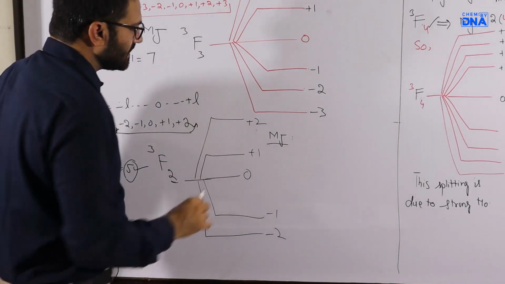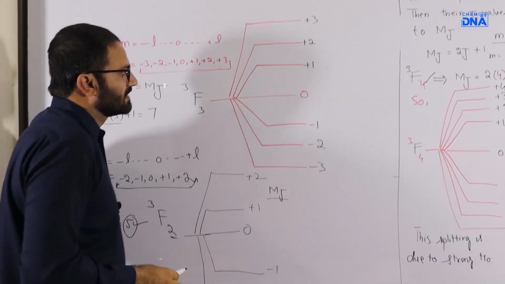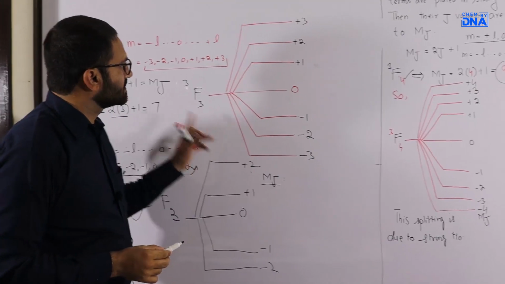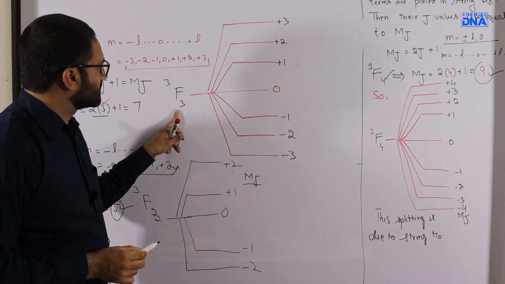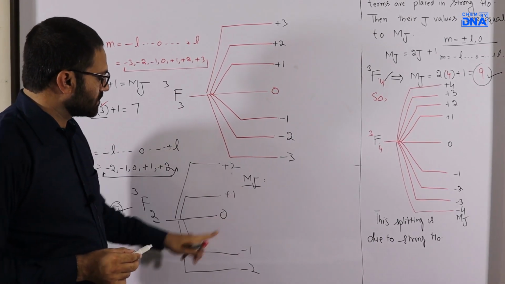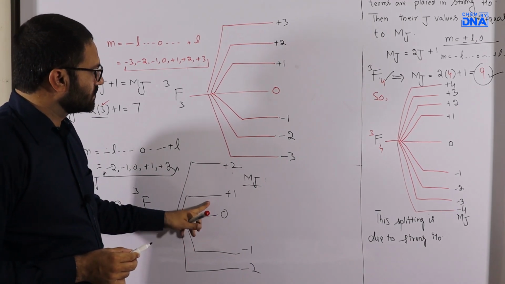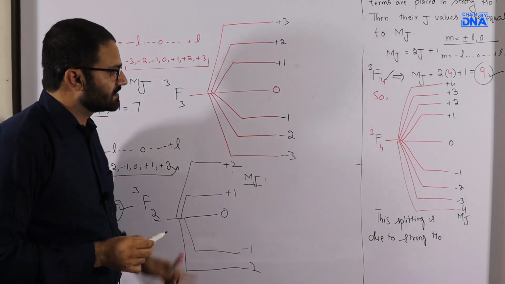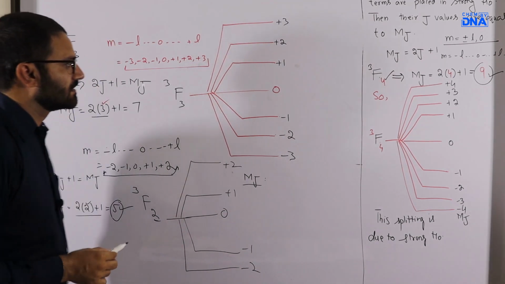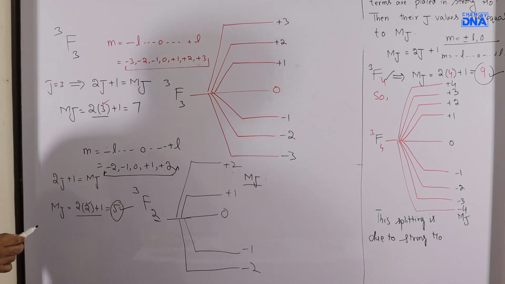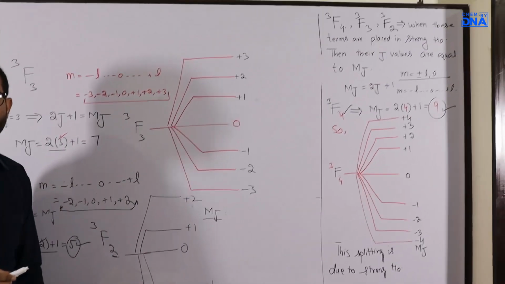So these are the magnetic values which are obtained by placing all these spectroscopic terms into the strong magnetic field. So these are the energy patterns in case of the D2 system of the F triplet 4, F triplet 3, and F triplet 2.